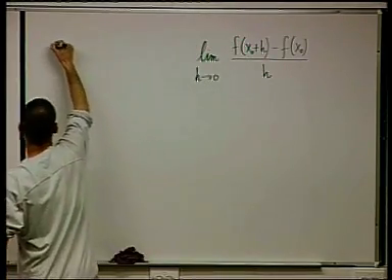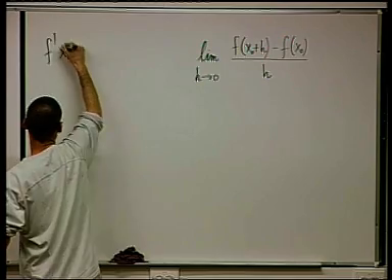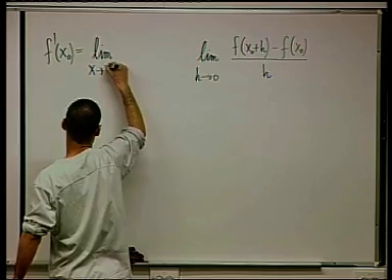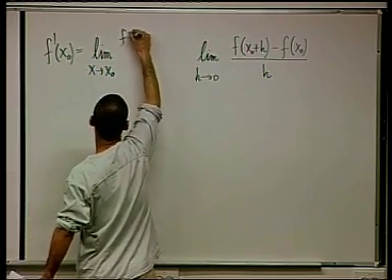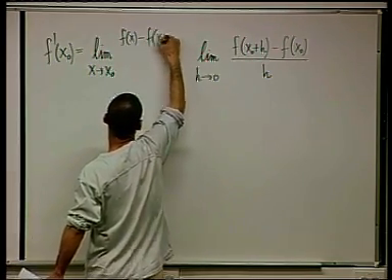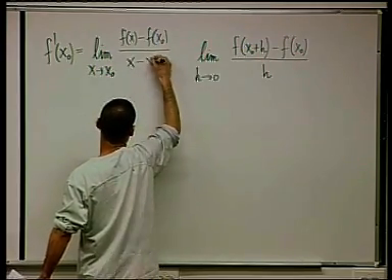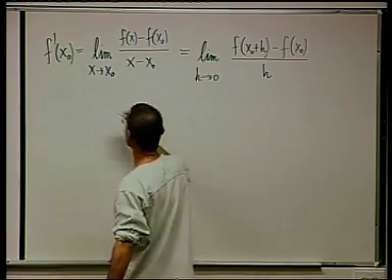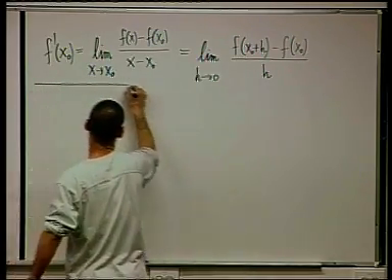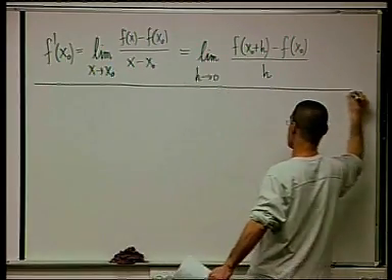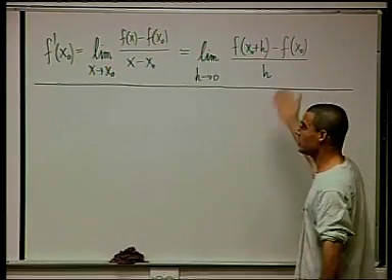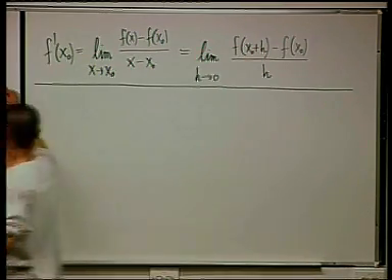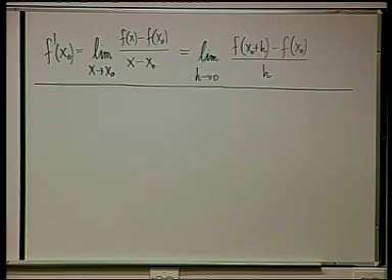So f prime at x0 is defined as the limit as x approaches x0 of f of x minus f of x0 divided by x minus x0, or this limit. And these are the two equivalent definitions. And of course, the limit does not necessarily exist. We'll see examples. If it exists, we say that the function is differentiable at x0. Okay. Now I can erase this.